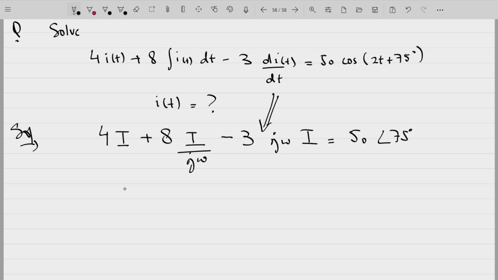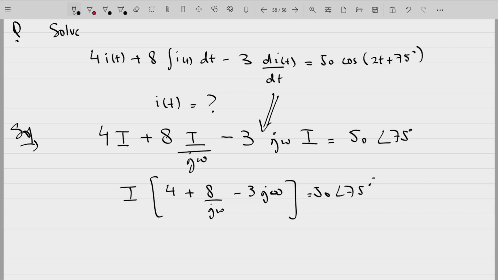So from here you can now take I common, अंदर आपका 4 plus 8 divided by jω आएगा minus 3jω equal to 50 angle 75 degrees.